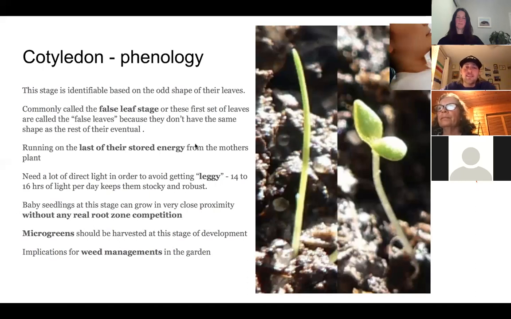But at this stage, because they are running on the last energy they had stored up, and because the surface area of their leaves is so small, if they don't get 14 to 16 hours of light a day, then they tend to get leggy, which is the gardener term for a seedling that gets too tall, too fast.